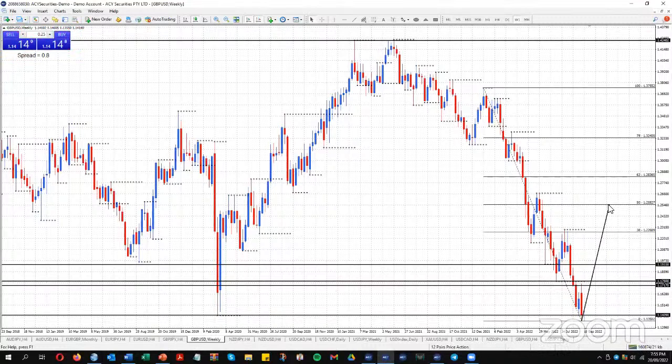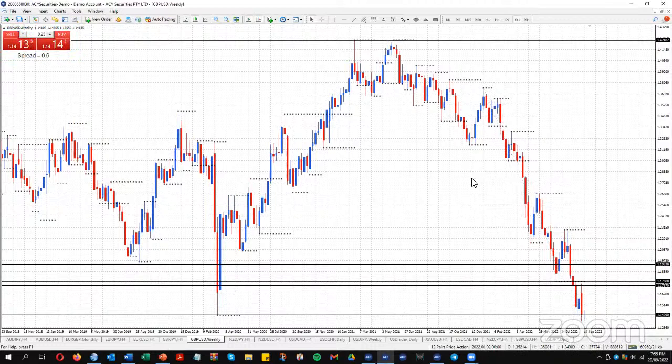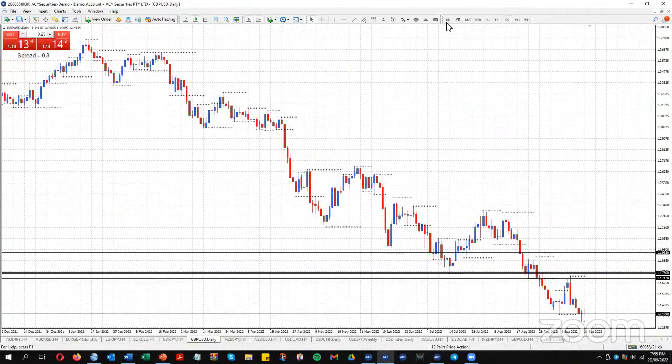One of the things I've noticed, I'm going to do a webinar on imbalances next month, but this move down that we've been having all year, we have an imbalance where we haven't traded back into the area. Pretty much there.